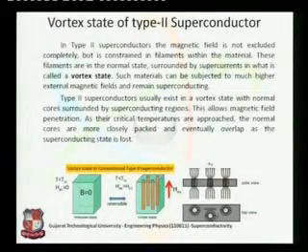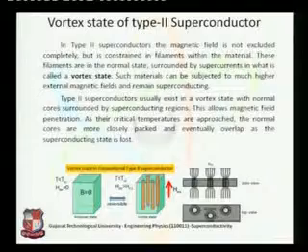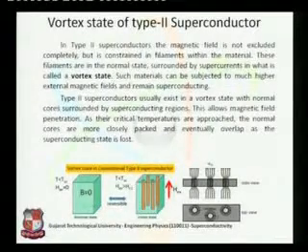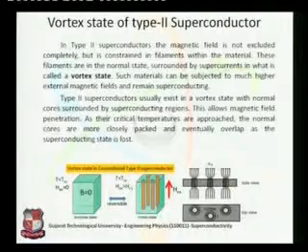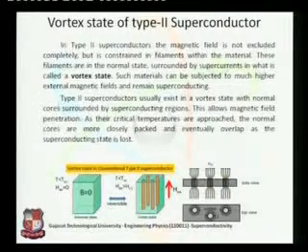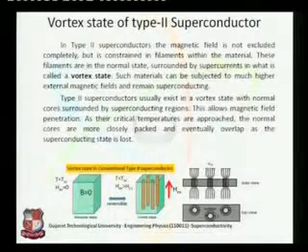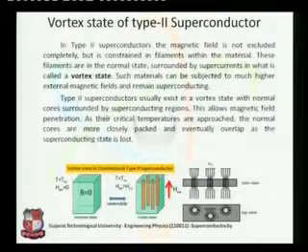The vortex state is a spiral structure. The small current loops form a spiral structure, and due to that the resultant magnetic field remains 0 in the remaining portion, even though the field is passing through. This is the nature of a type 2 material: between Hc1 and Hc2 it exhibits the vortex state.